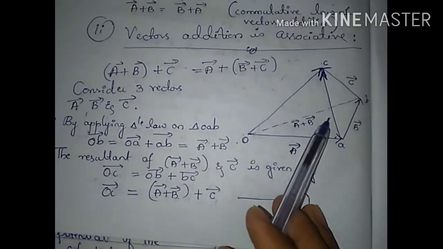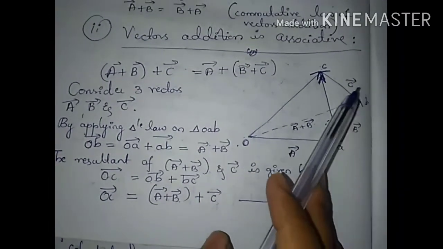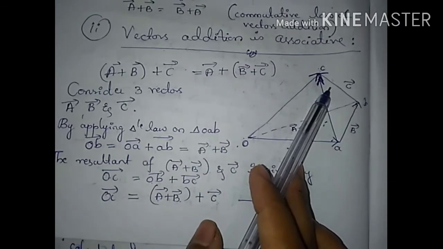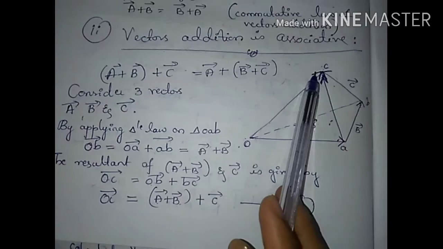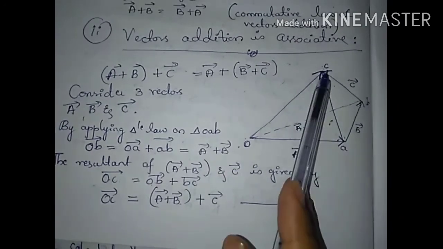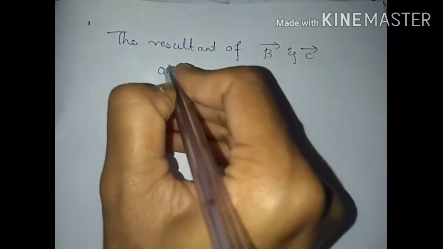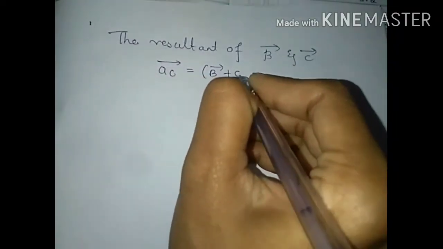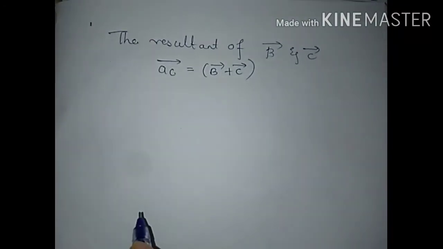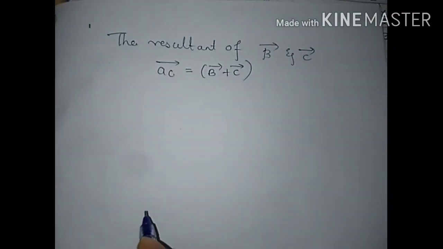So this vector is the resultant vector of B and C. Now consider this triangle ABC and find AC. AC will be B plus C, again by using the triangle law of vectors addition.